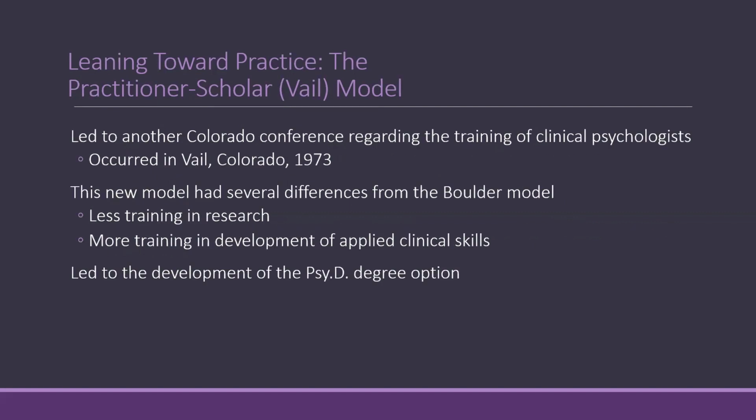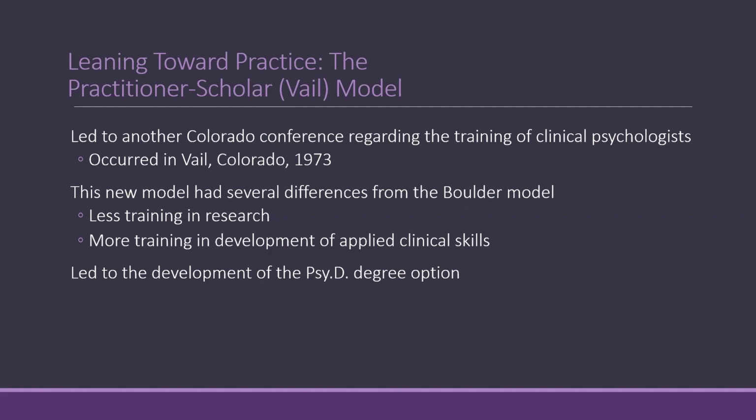And so jumping ahead a couple decades, there was another Colorado conference. This was in Vail, Colorado, so it's referred to as the Vail model. This one's also referred to as the practitioner scholar model. And this new model has a lot of differences from the Boulder model. They cut out some of the requirements for research training, and then you get additional training in the development of applied clinical skills.